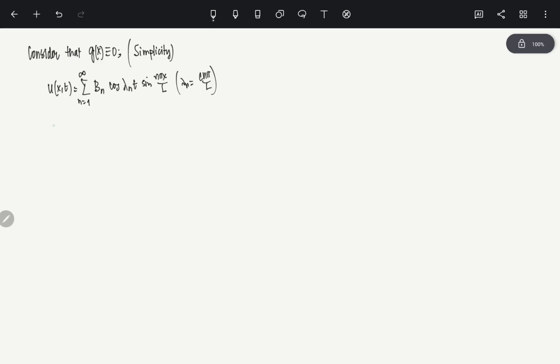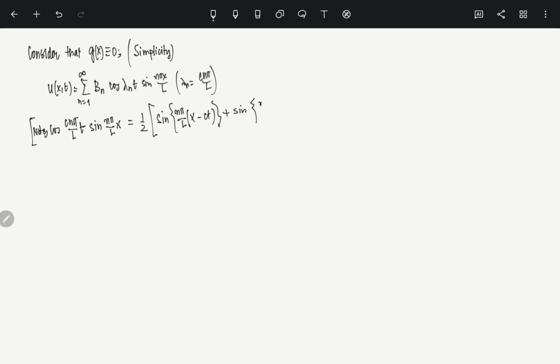What I am trying to say is that we can have an explicit, finite form of it. Cosine of c n pi by l times t, times sine of n pi by l x, this is nothing but half, and then you can write it like this: sine of n pi x by l minus ct, plus sine of n pi by l x plus ct.